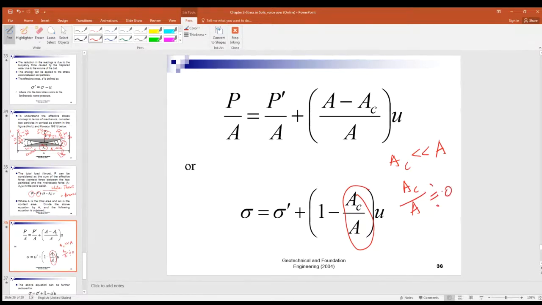So sigma equals the effective stress plus U, or sigma dash equals total stress minus U.